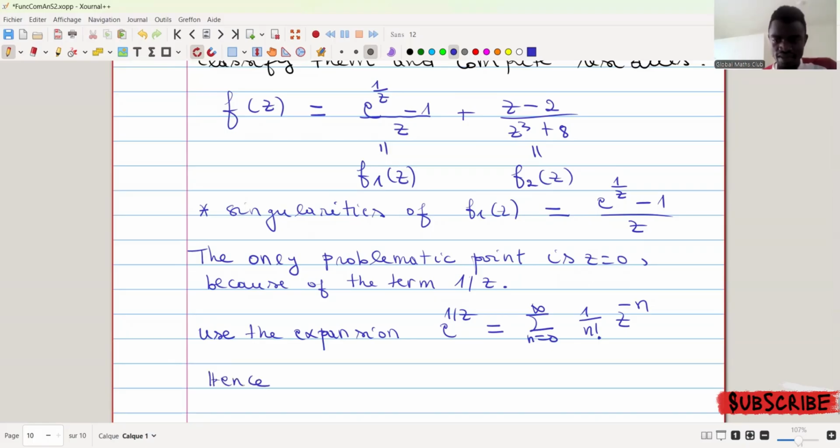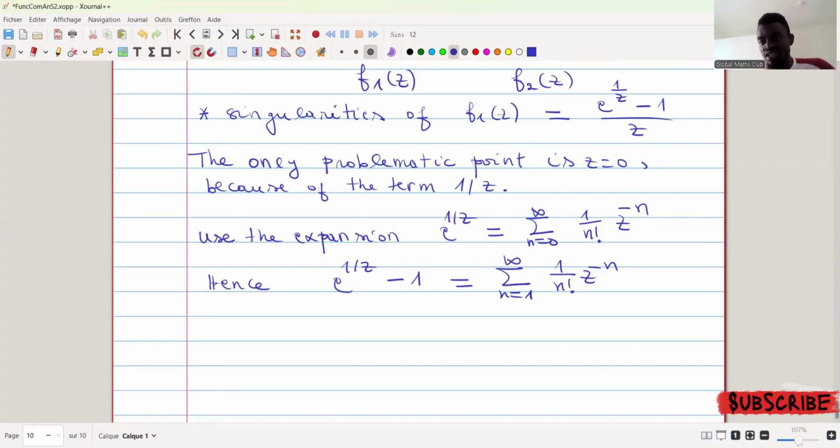Now if you remove the term 1, which is the term at n equal to 0, the summation goes from 1 to infinity, because at n equal to 0 on the right-hand side we have 1, and if you send it to the left-hand side, it becomes minus 1.